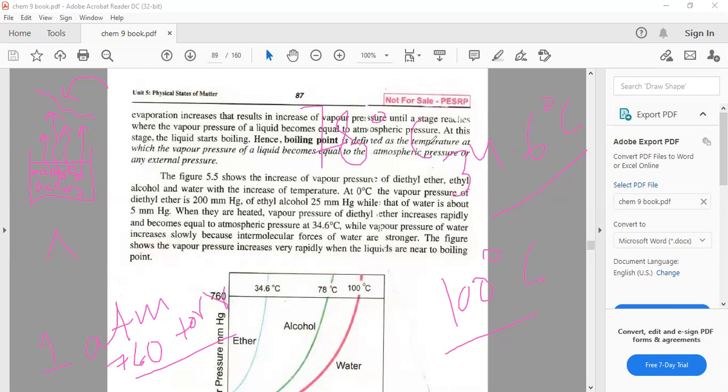It means the vapor pressure of alcohol becomes equal to the atmospheric pressure at 78 degrees Celsius. So when the vapor pressure of the liquid becomes equal to the atmospheric pressure, this is called the boiling point at a particular temperature. Here you can see the definition of boiling point.